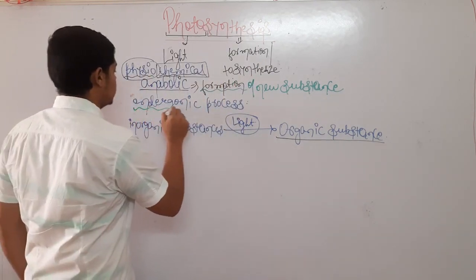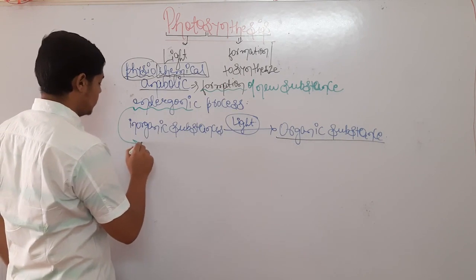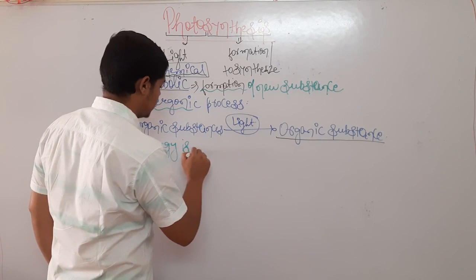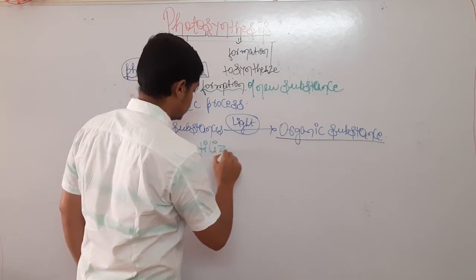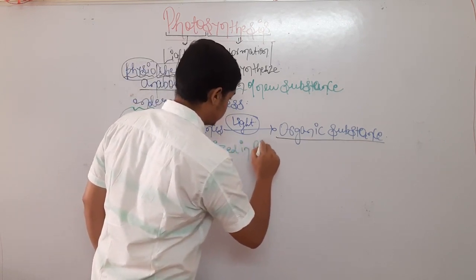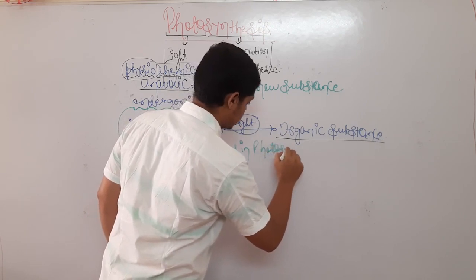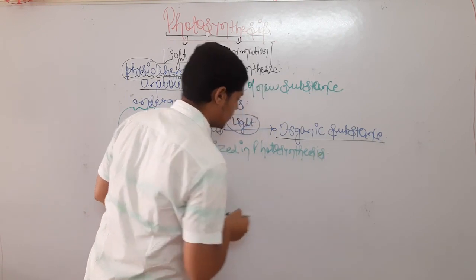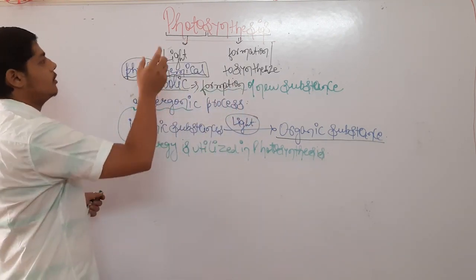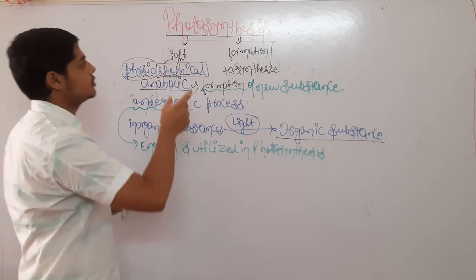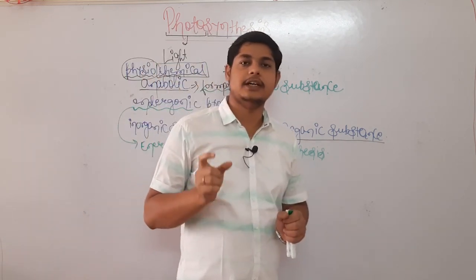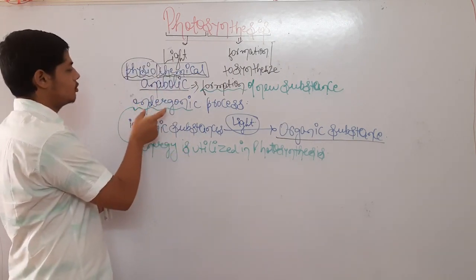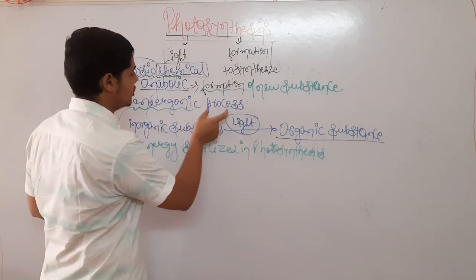So this term refers that energy is utilized in photosynthesis. Which means for photosynthesis to be completed, it needs energy. That is why it is also called an endergonic process.